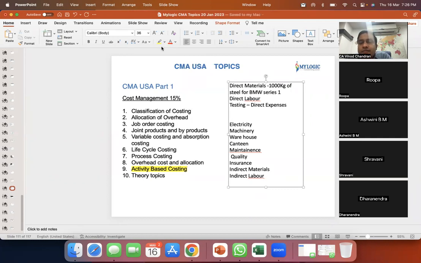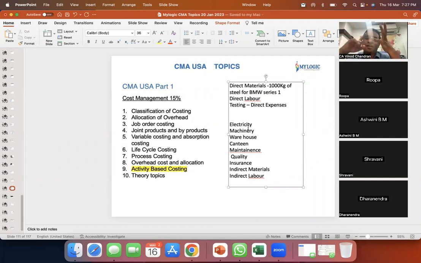Are you clear, guys? So 3 points we discussed: direct material, direct labor, and direct expense. Now in a factory floor, there may be a whole lot of expenditure: electricity, machinery, warehouse, canteen, maintenance, quality, insurance, rent, indirect material, indirect labor. Any expenditure in the factory floor. Remember, I am discussing only about the factory, not administration. I am discussing only the factory, where the production happens.